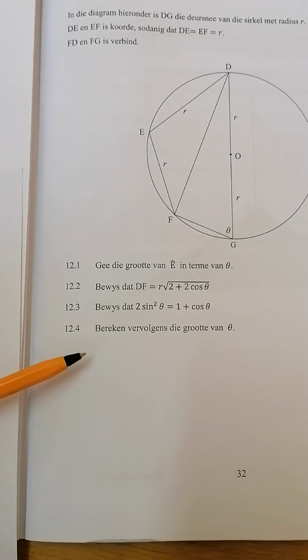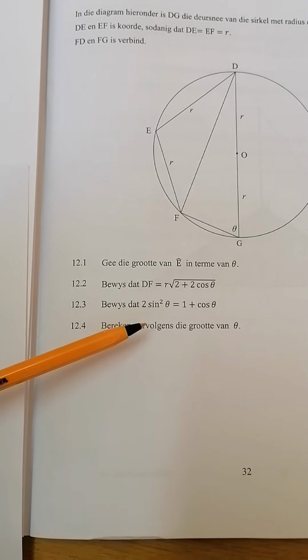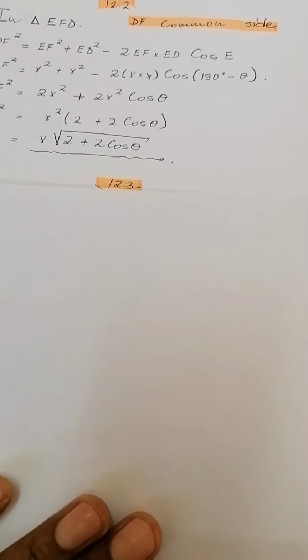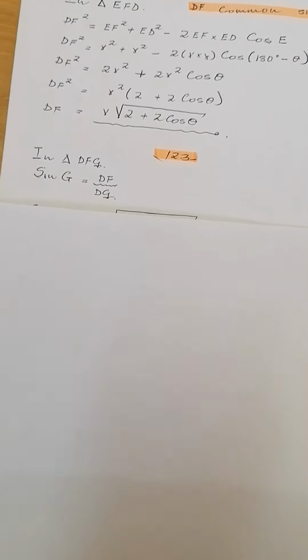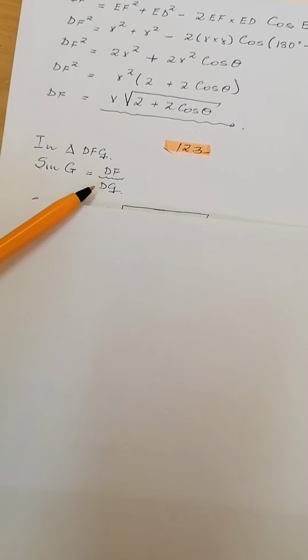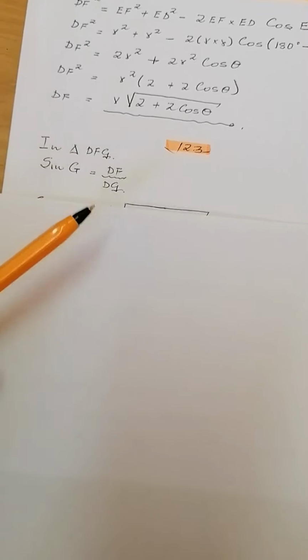The examiner was very clever here not to say to us, what is FG? Now, how did I attempt that? I started by saying sine G is equals to DF divided by DG.